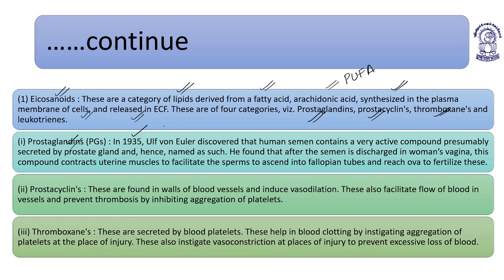Prostaglandins. In 1935, Ulf von Euler discovered that human semen contains a very active compound presumably secreted by the prostate gland and hence named prostaglandins.